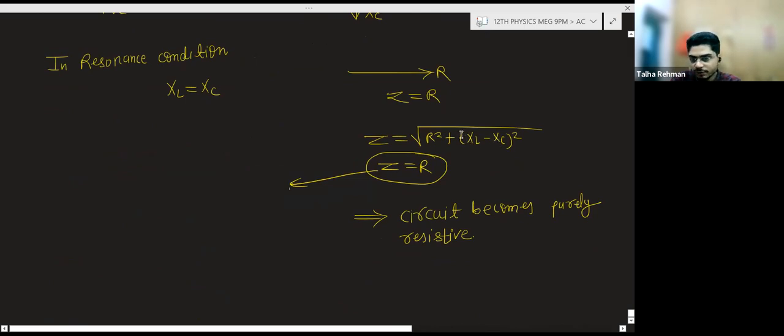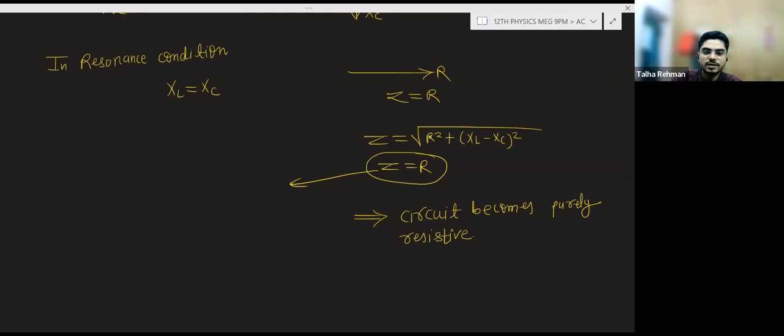So this value becomes 0 now, so here there is only R. So this value will be the minimum value of the impedance.